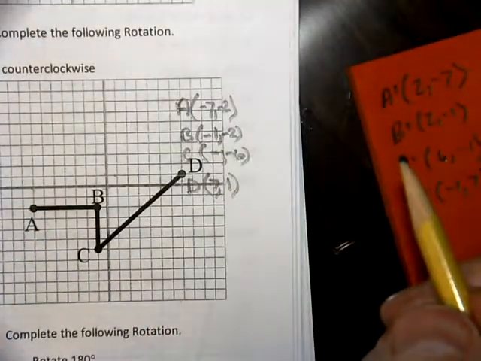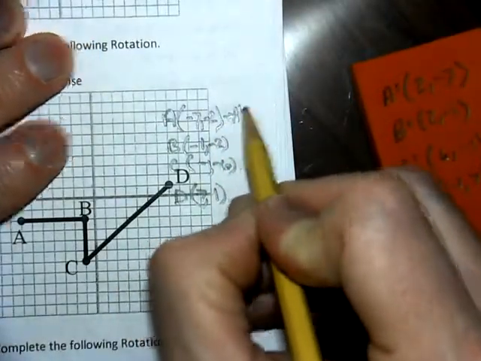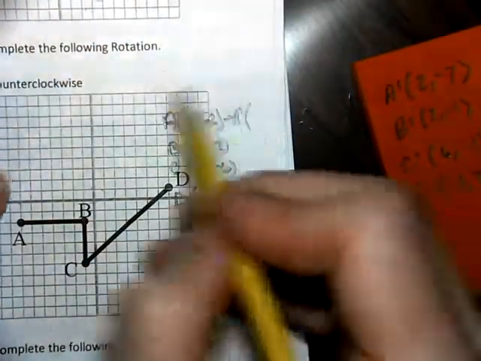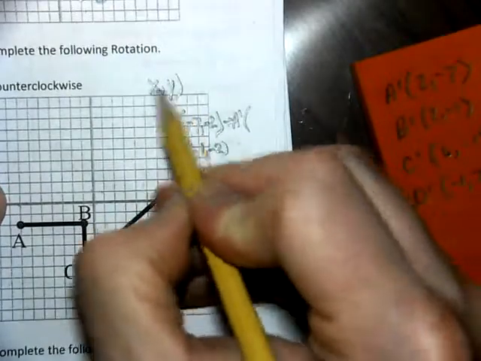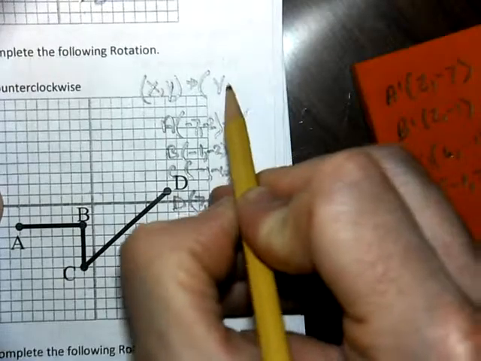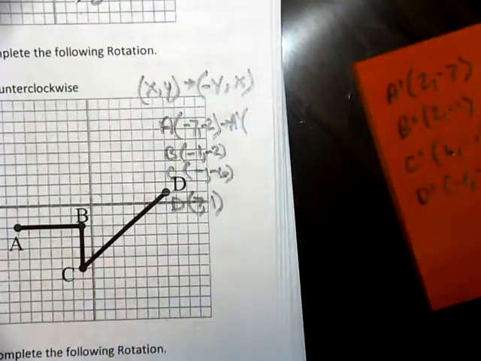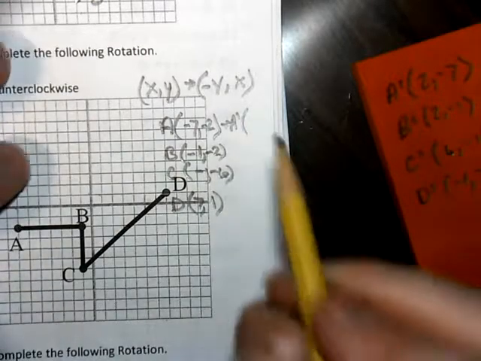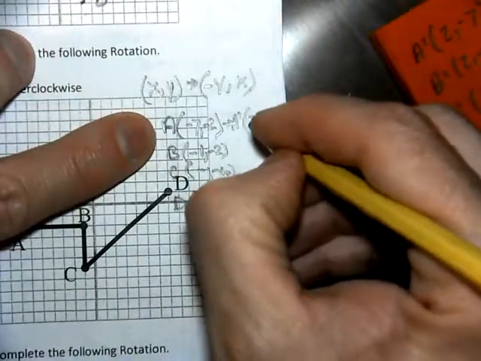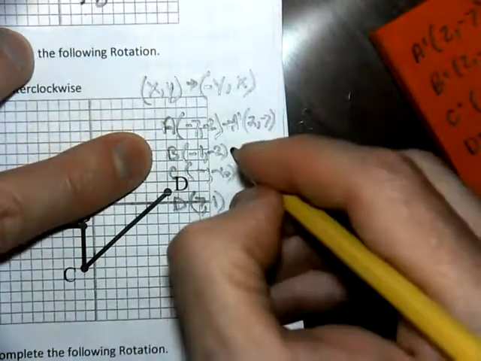And now we can apply the rule to it. So A prime, okay, our rule for a 90-degree rotation is to switch the signs and put a negative on the left. So we're going to switch those and get 2, -7.